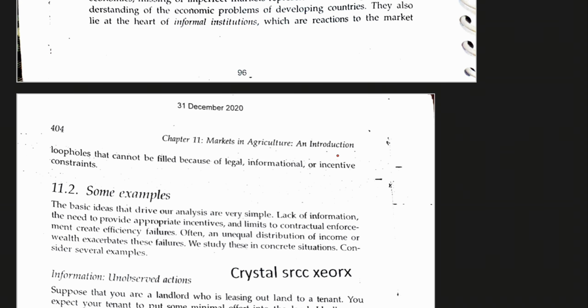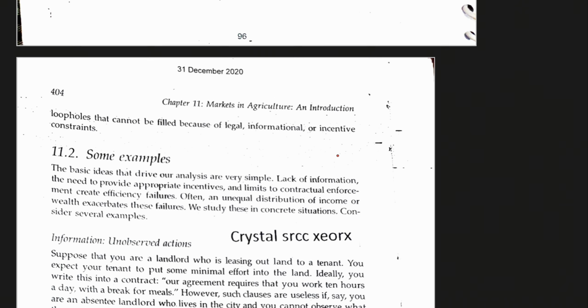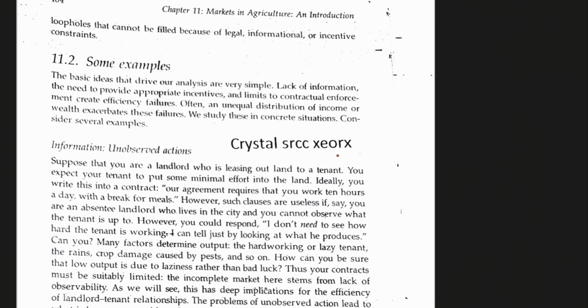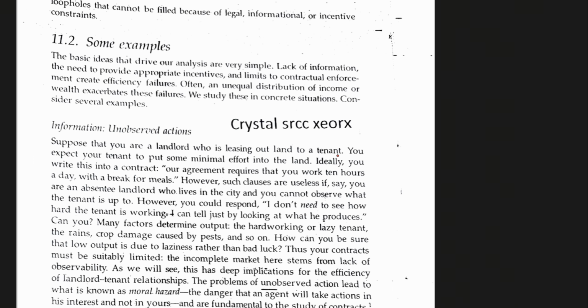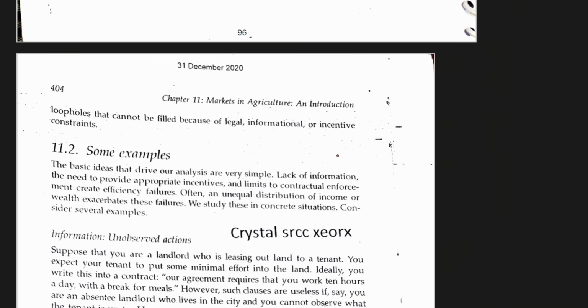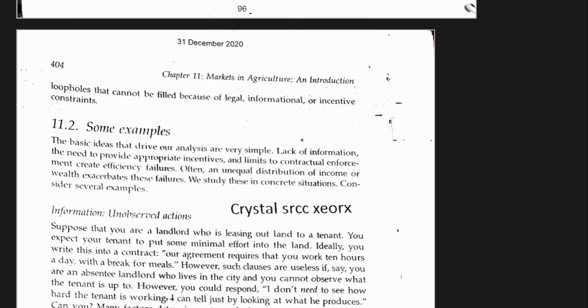They also lie at the heart of informal institutions, which are reactions to the market loopholes that cannot be filled because of legal, informational, or incentive constraints. So, let us dive into those examples to understand all this better.